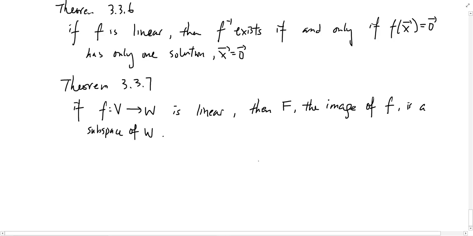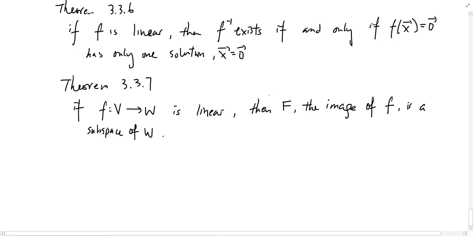Yes, it can. The word subspace does not exclude that, because a subspace could be equal to the original vector space that forms the subspace. Meaning in this case, the image of f could be exactly the same as W, or could be something smaller than W.